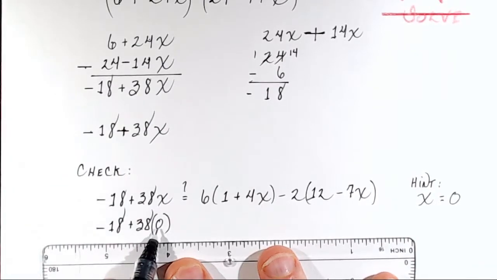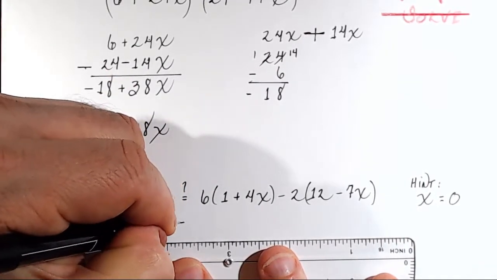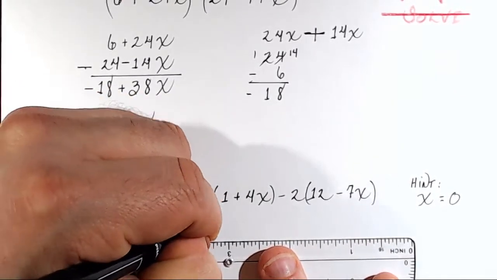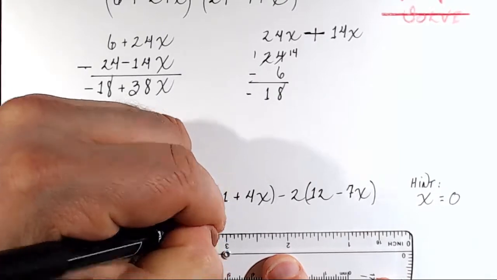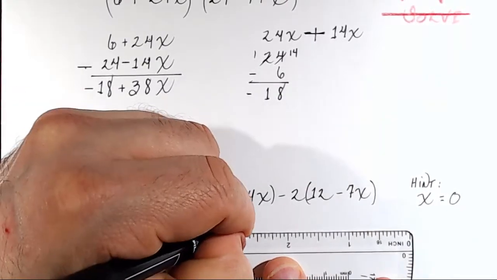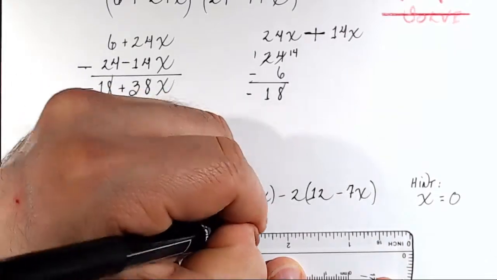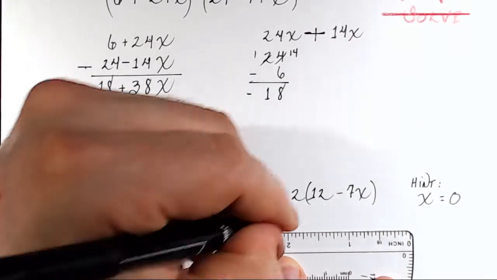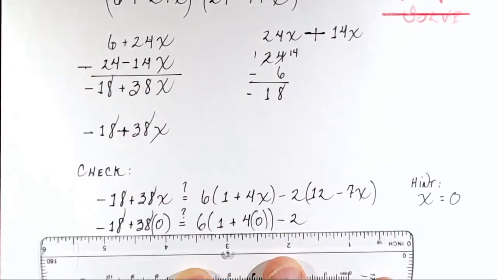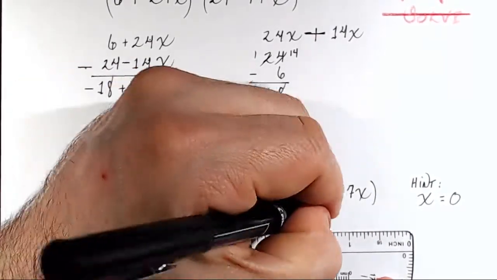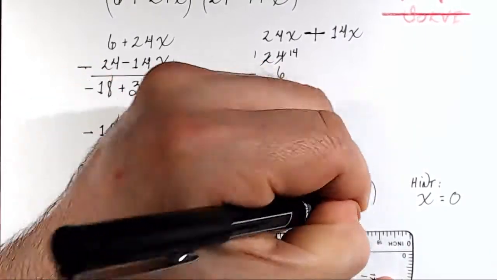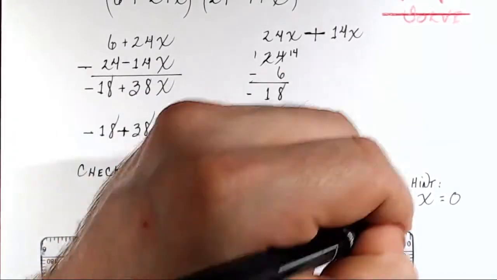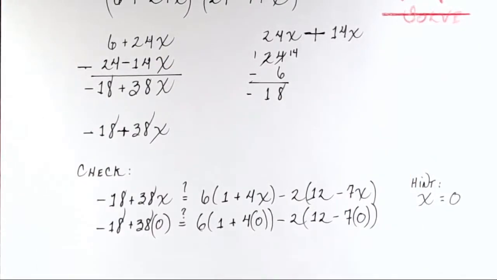Remember that means 38 times 0, equals question mark, 6, open parentheses, 1 plus 4, again, times 0, put that in parentheses, and then close the parentheses, minus 2, open parentheses, 12 minus 7 times 0. I'm just putting that in parentheses and closing the parentheses.